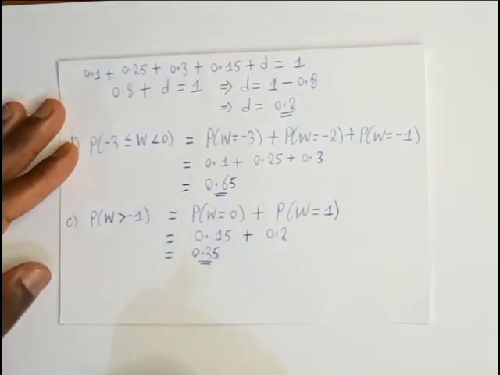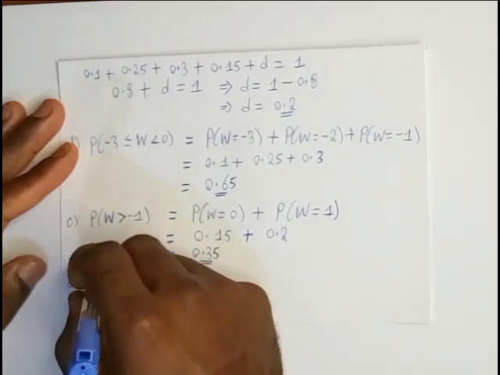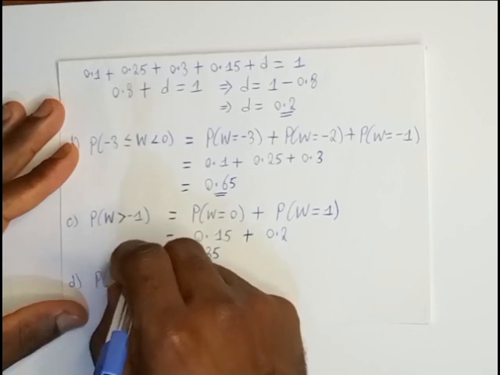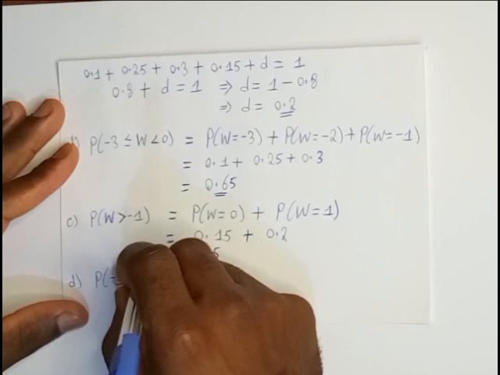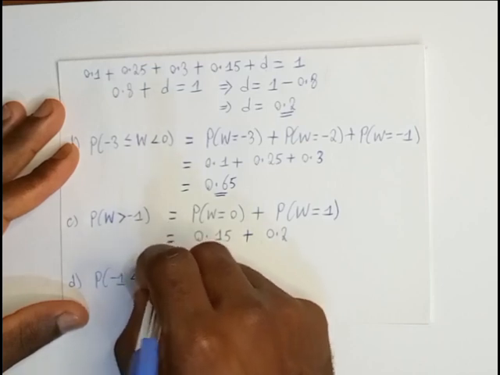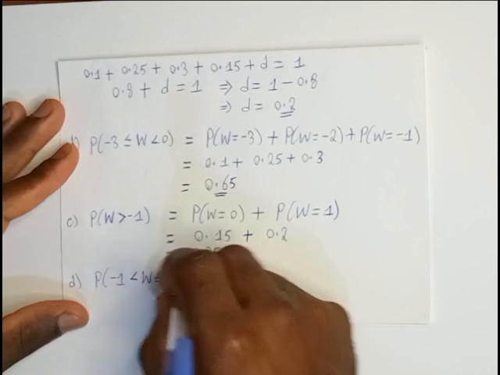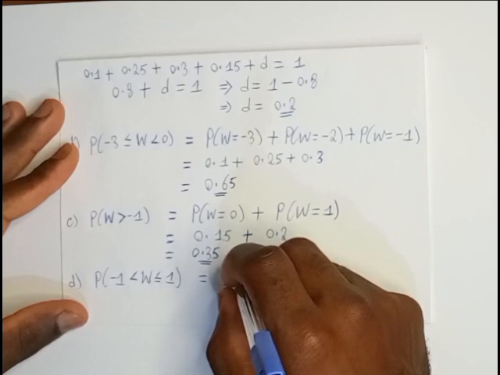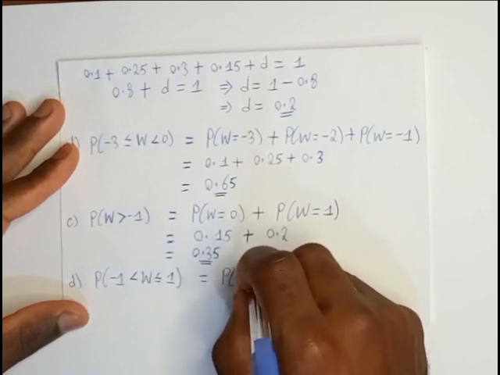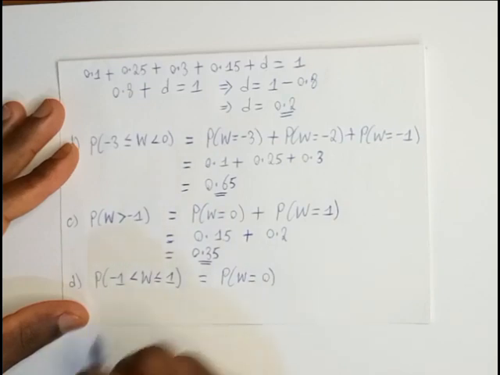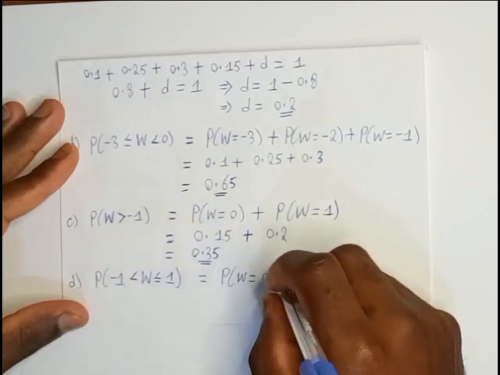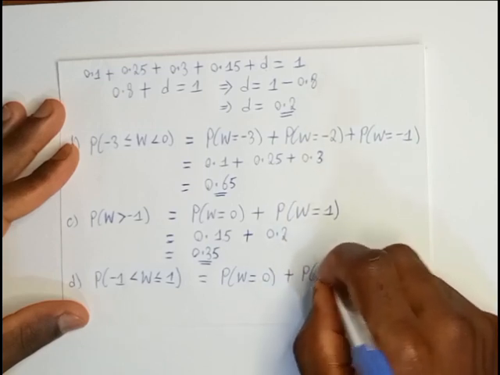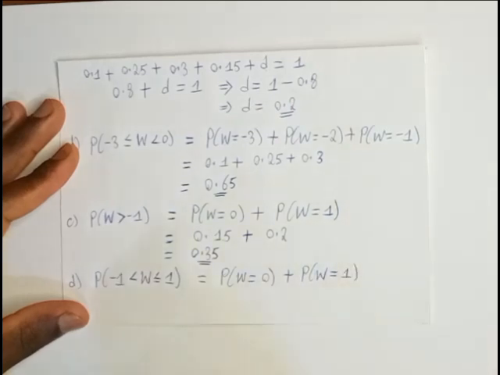Move now to question D. Question D, we have to find P of -1 strictly less than W, less than or equal to 1. This will simply be equal to P of W equal to 0, -1 is not part of it, plus P of W equal to 1.